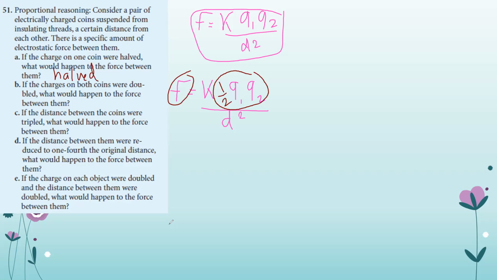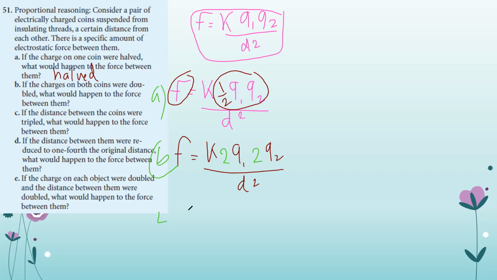B, if the charge on both coins were doubled, what does it mean? That means I have K, here we have Q1, Q2 over D squared, and both of them are doubled. What will happen with the force here?